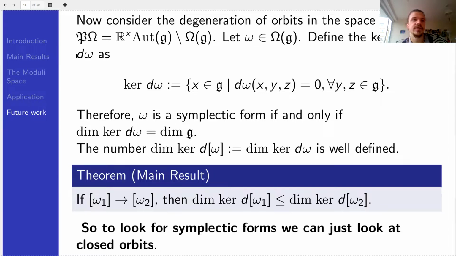And unless the automorphism group of the Lie algebra is huge, it can be a problem, because the orbit space, even up to automorphisms, can be big enough. It's just too big for us. So my question was, do you know anything about considering the case of special left-invariant symplectic forms, for example, Kähler forms or something like that?